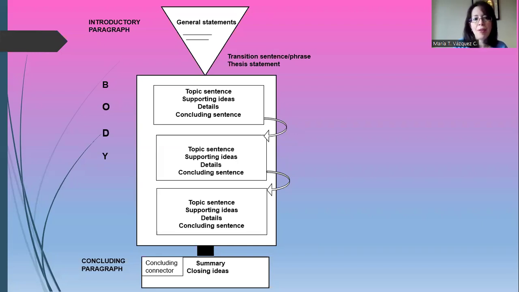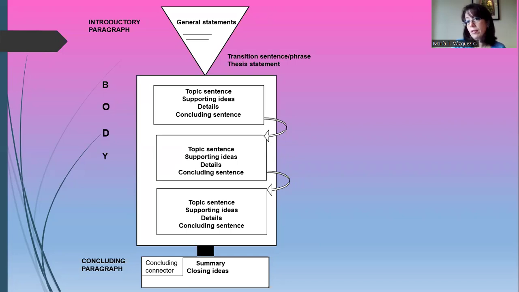An essay should have an introductory paragraph that should contain some general statements to hook the reader's attention and invite the reader to think about your essay. What kind of information can we include there?